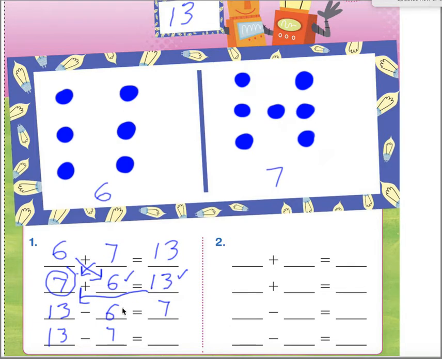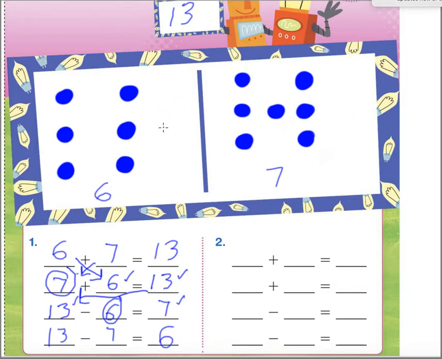And then, if we have 13 minus 7, so we have 13 used twice, check. We have 7 used twice, check. And that means our answer would have to be the number we didn't use yet, which is 6. There we go. 13 minus 7 equals 6.